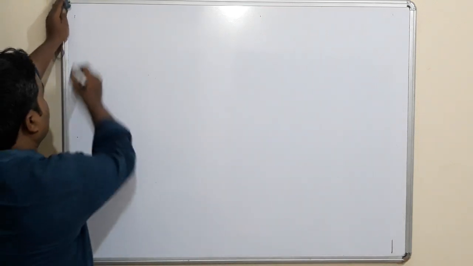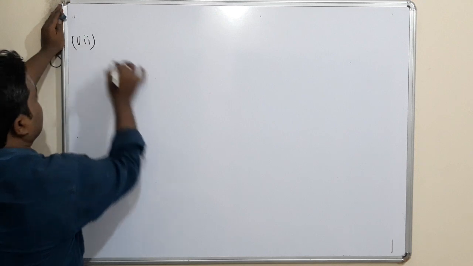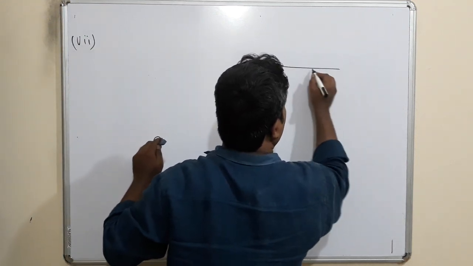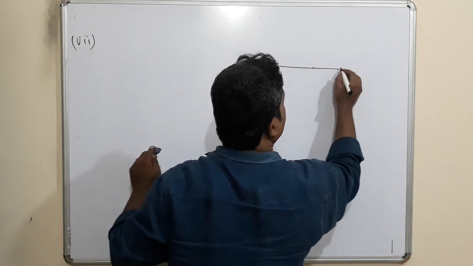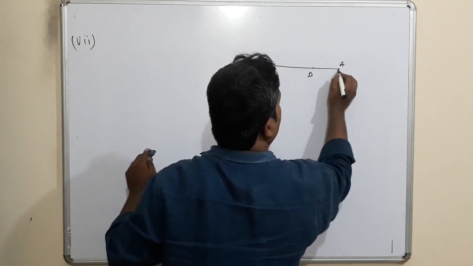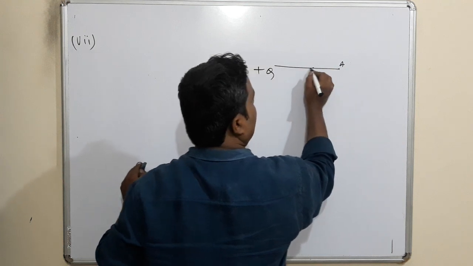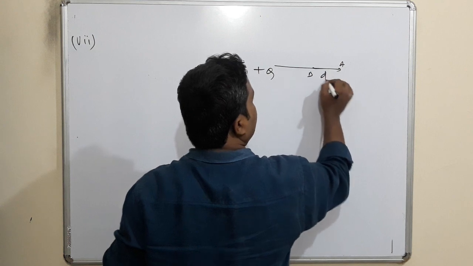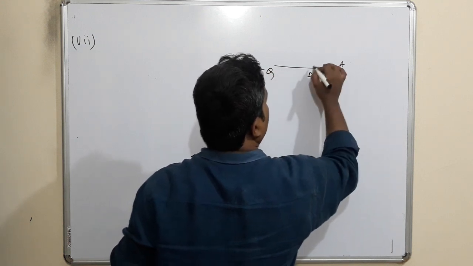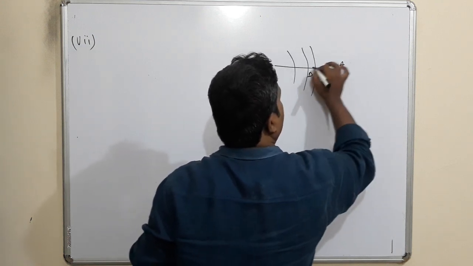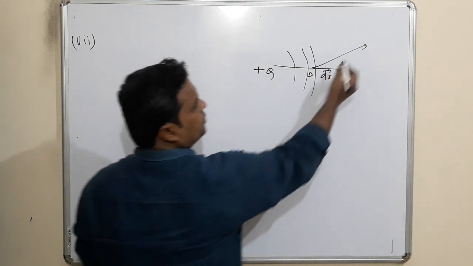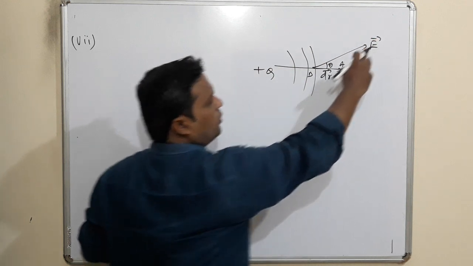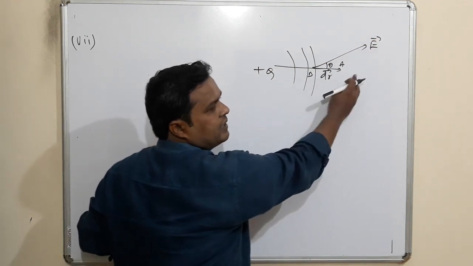One more point you remember. Suppose this is E, this is the source charge, and this is A to B. This is A, this is B. If I am moving like this, or the electrostatic force is repelling like this, if dr is in this direction and the electric field is in some other direction like this, making some angle, then we'll take the component of the electric field in this direction.